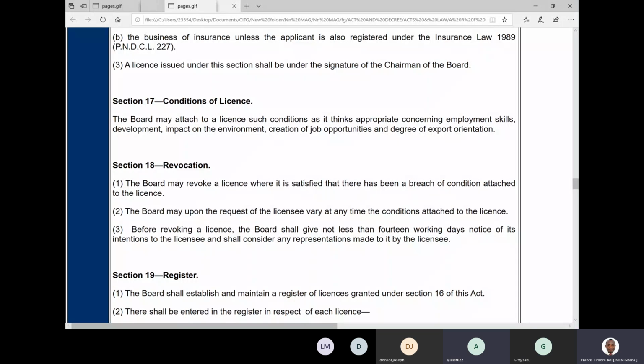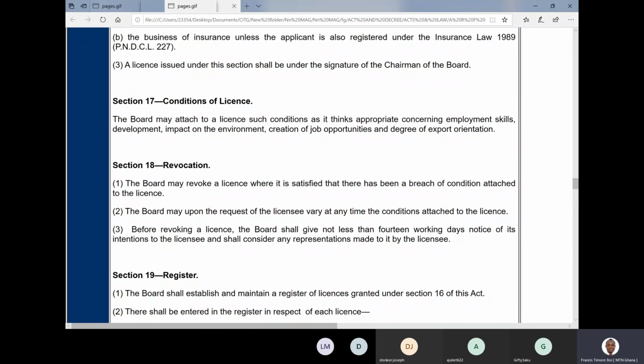We want to see how many jobs you are going to create and all those things. If you are going to bring only foreigners, then clearly your projects will not help the developmental agenda of Ghana. So that may not be good in the eye of the board to grant you the license. We don't want you to just come and take advantage of the tax incentives and go.